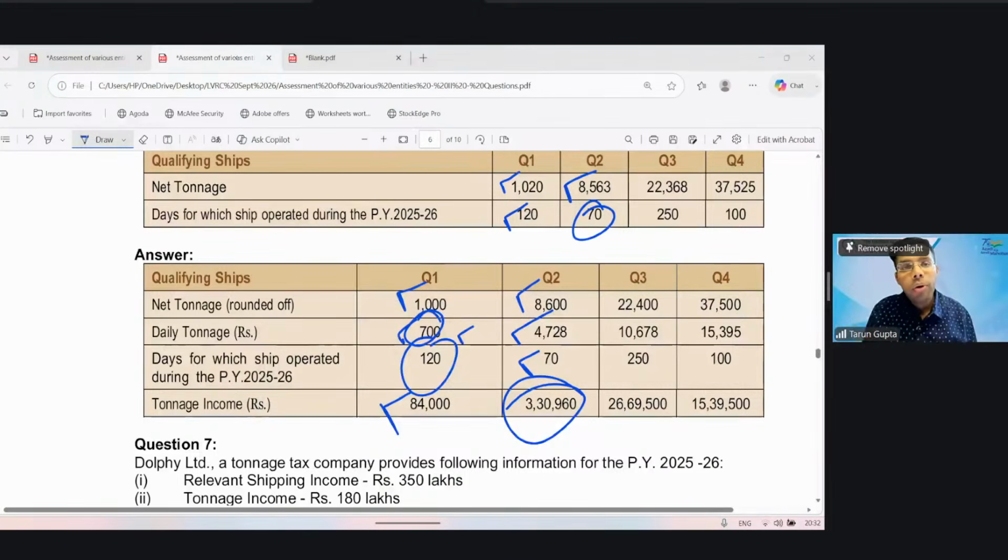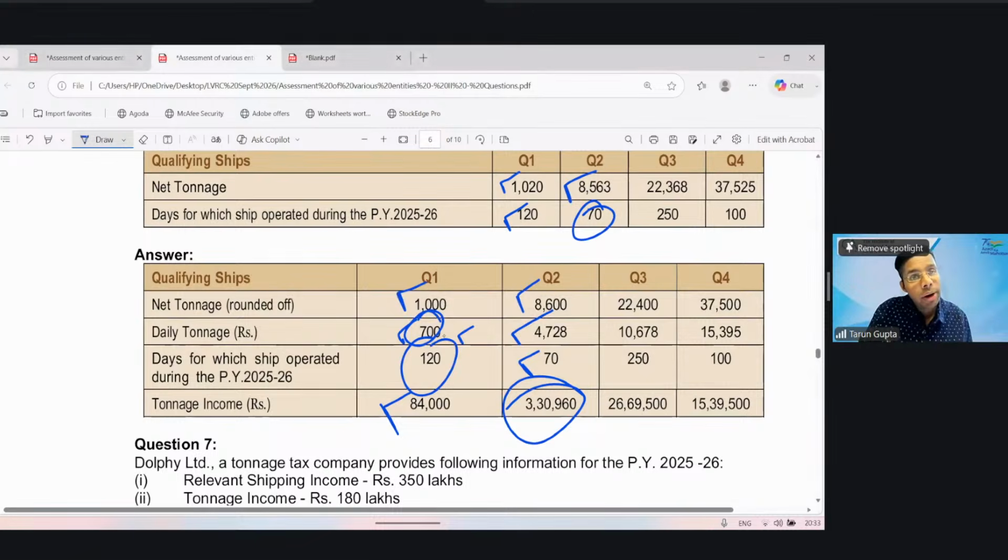First, I will round it off. 22368, I will round it off to 22400. First 1,000 at 70 rupees per 100, up to 10,000 at 53, 10,000 to 25,000 at 42. So up to 10,000, how much?